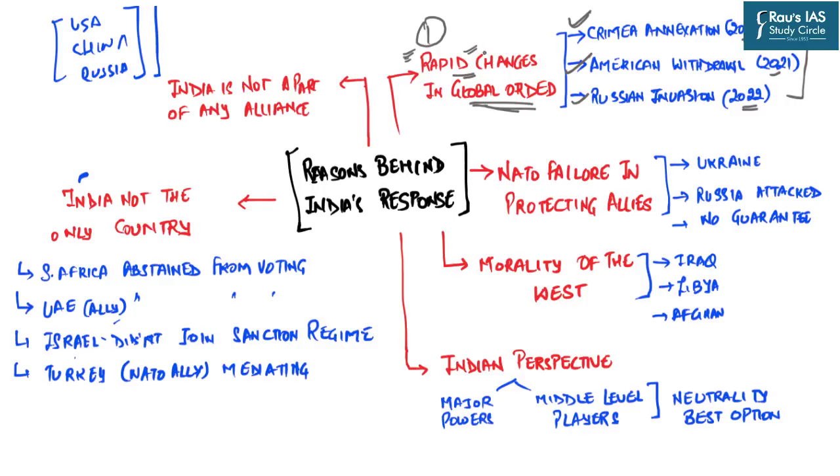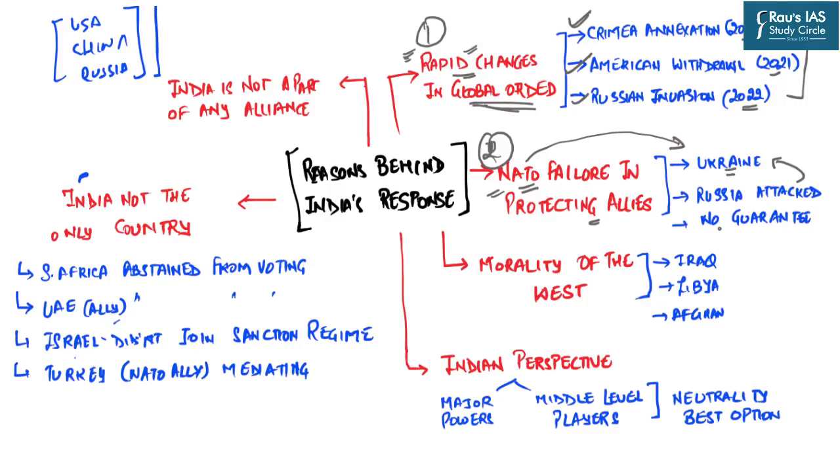The second reason is that if we agree that the Western countries are saying that India is not in conformation to the standards as they prescribe, the counter argument is that NATO has failed in protecting its own allies. For example, Russia attacked Ukraine very confidently because it was aware of the fact that NATO will not provide an active defense to Ukraine.